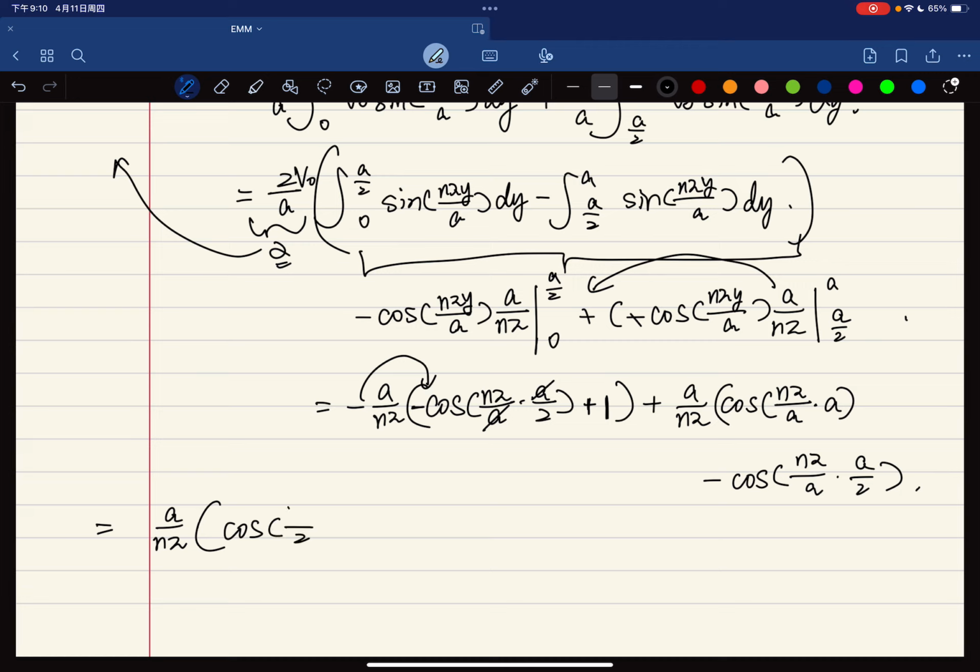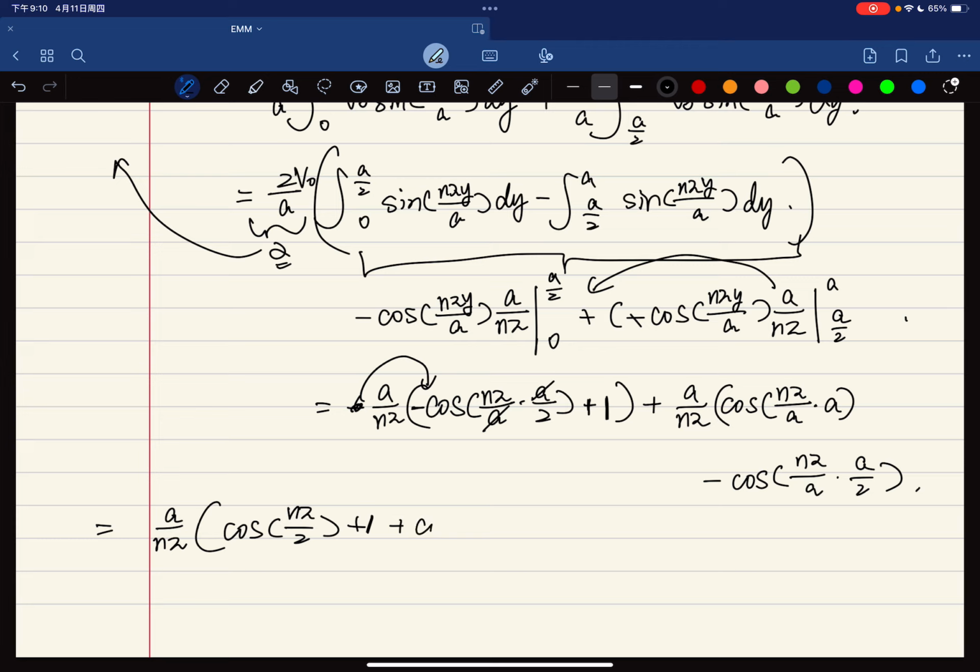So 2 over m pi and plus 1, and this, okay, just gone, plus, because I extract the constant, cosine m pi minus cosine m pi divided by 2.